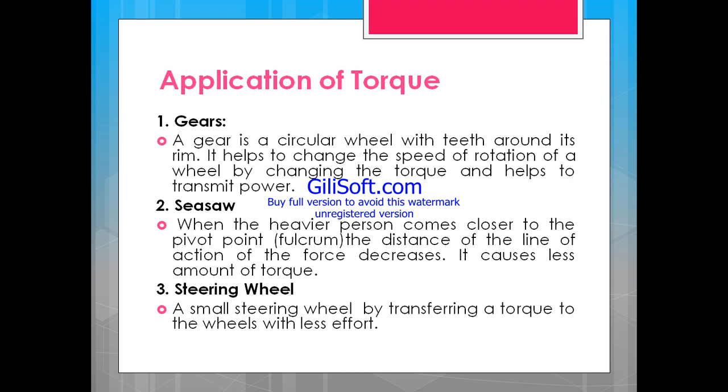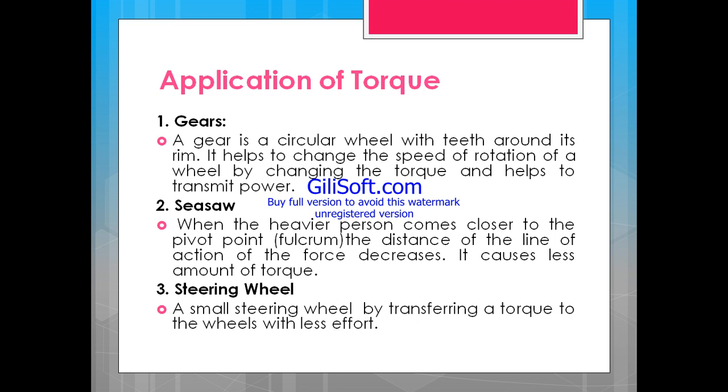In cycles and two-wheelers, mostly it is carried out by a brake system, but in four-wheelers and heavy load-carrying vehicles, we use gears. So what is a gear? It is a circular wheel with teeth around its rim. It helps to change the speed of rotation of a wheel by changing the torque and helps to transmit power.